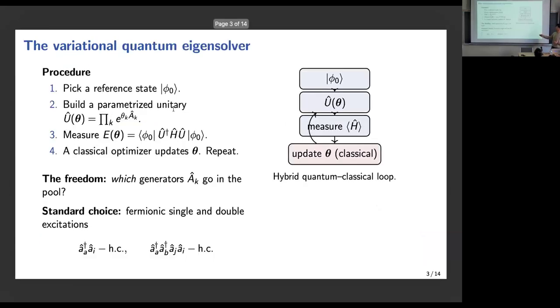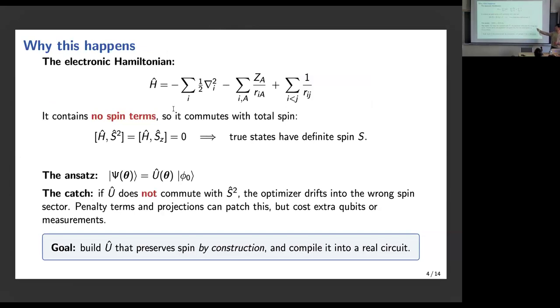The other things that you have in the variational method might be the problem. The only thing that you're kind of unsure about is the ansatz. The VQE ansatz is when the parametrized unitary acts on your reference state, and your reference state was also in the triplet configuration, so that should also not be the problem.